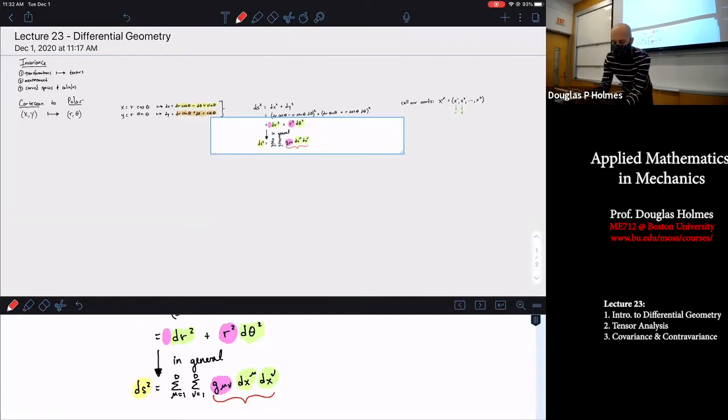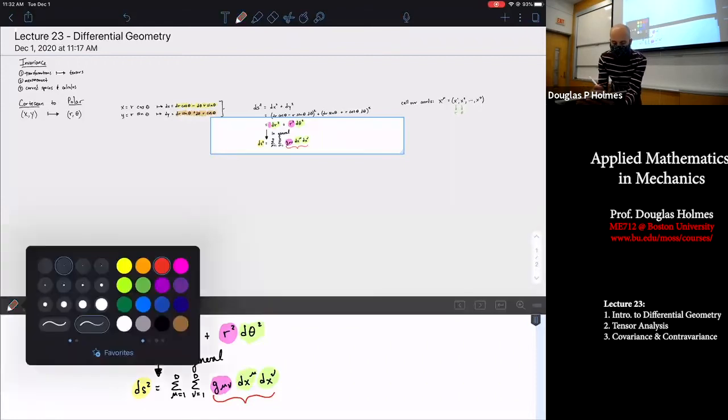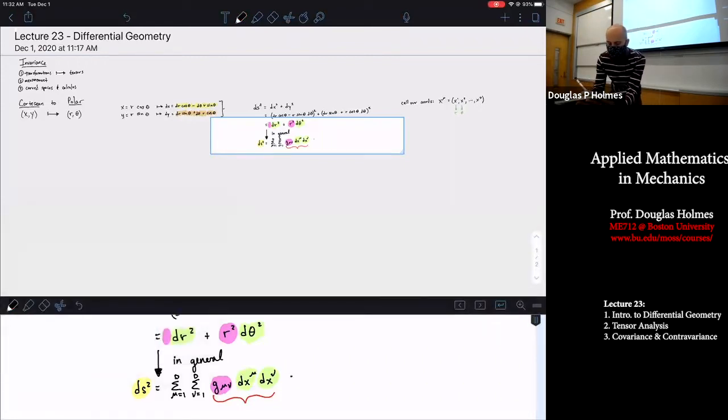This notation can be made even more compact if you introduce Einstein's summation notation. This would be familiar to you if you've done something in continuum mechanics. The only difference is, and I think this is a far superior way to think about this, in tensor analysis you always sum over indices that are the same letter, where one is upstairs and one's downstairs.